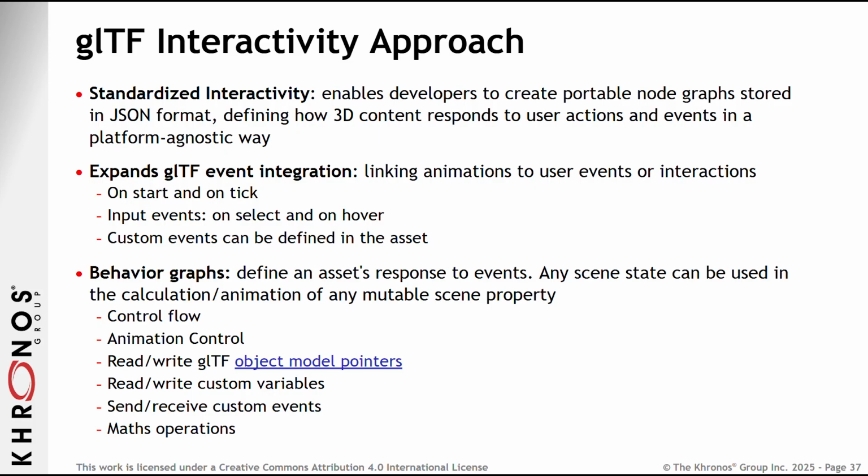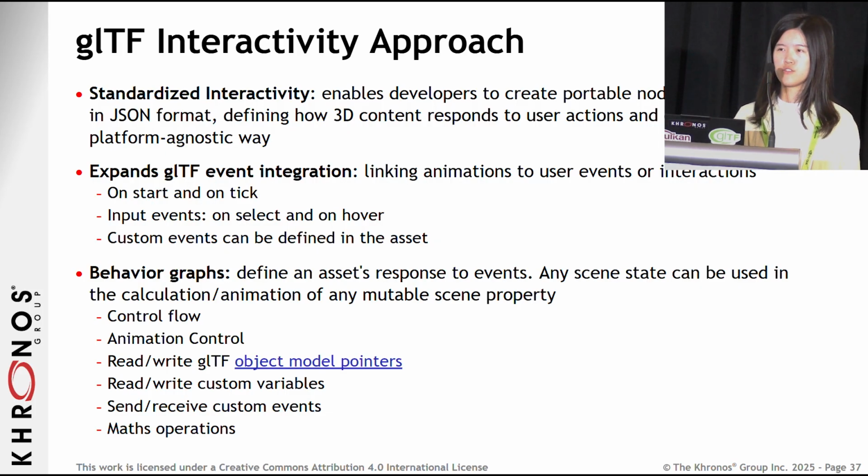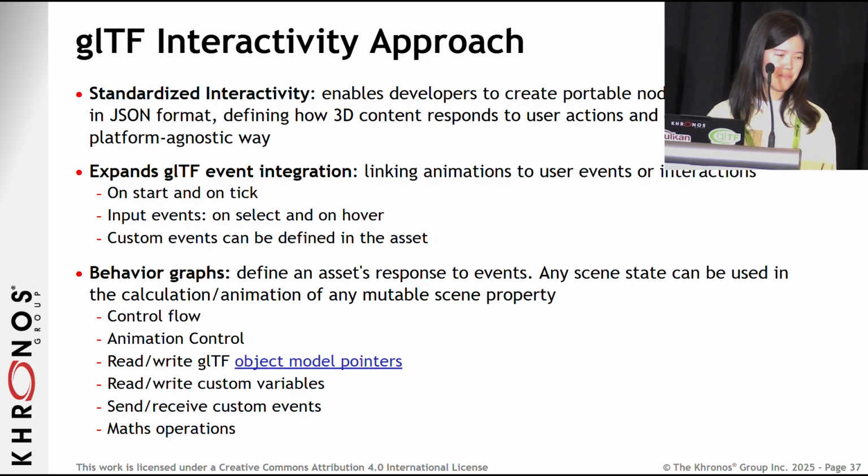We want to expand the glTF event integration. So there are a range of events we support, built-in events like onStart and onTick, input events like onSelect, onHover, and then each individual asset can also define custom events. The graph also defines different actions that you can do in response to the user events.